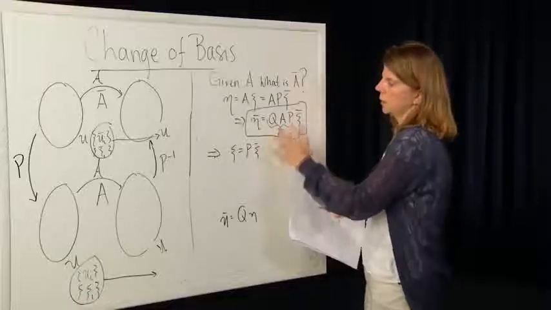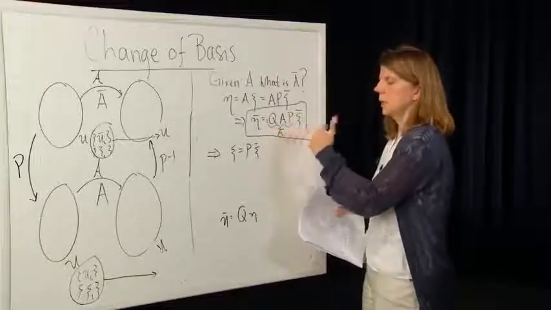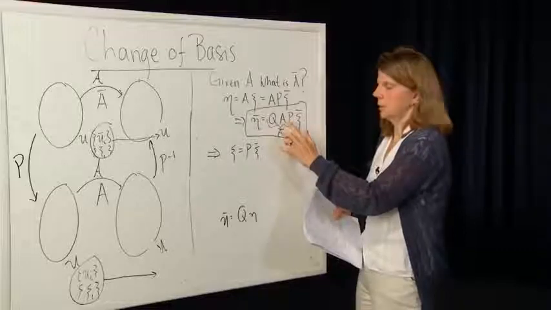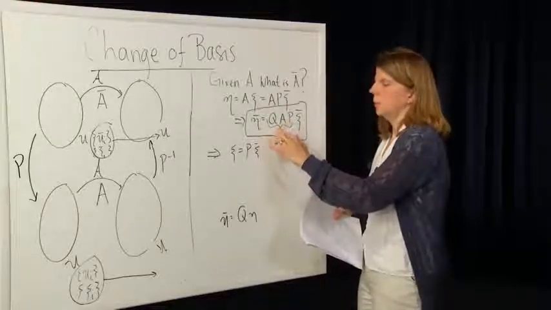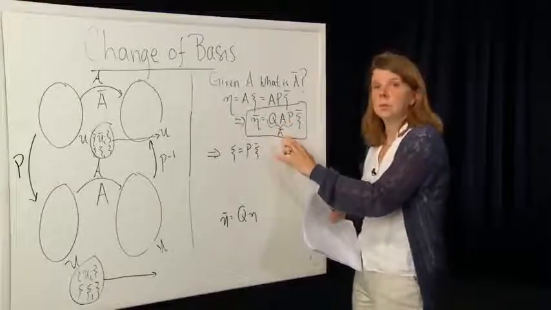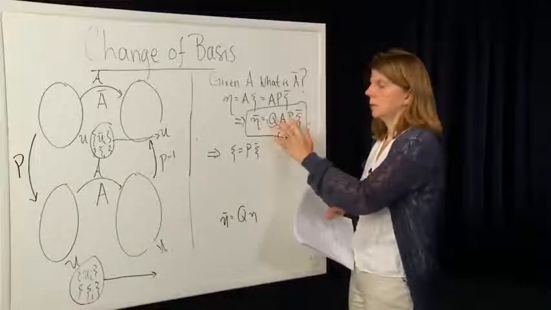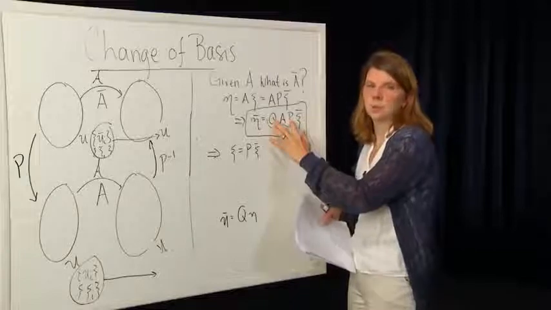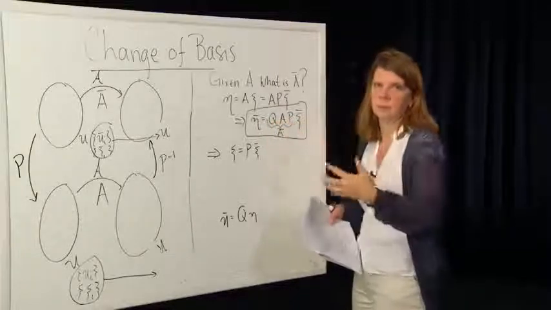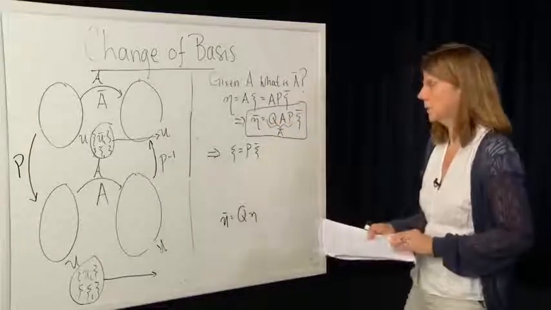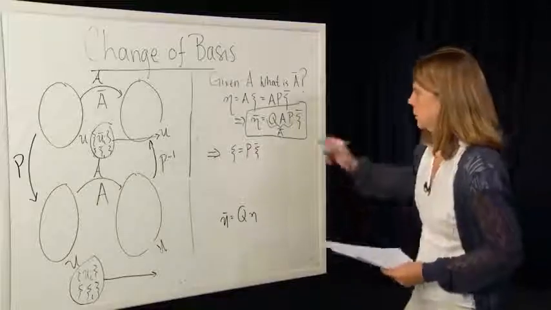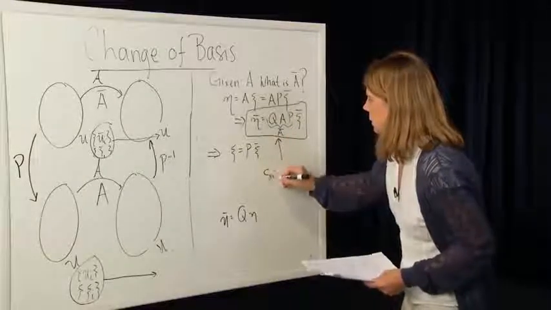But how we've constructed them now is just that given one matrix representation of a linear map, we've been able to construct a new representation of that linear map for a new basis, given the transformation between coordinates of those corresponding basis elements. Okay, so this is called a similarity transform.